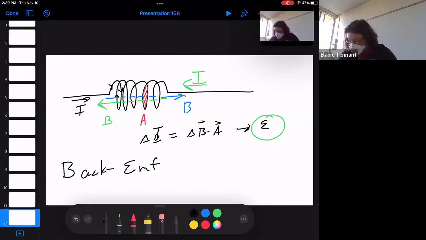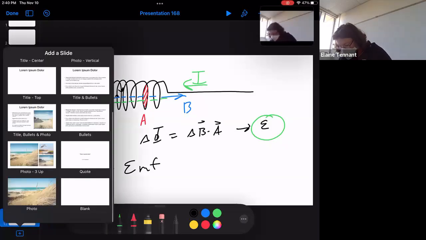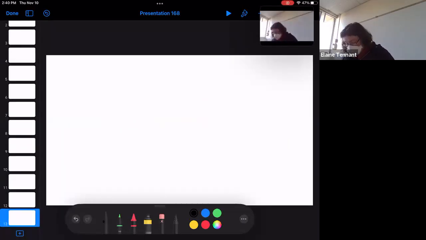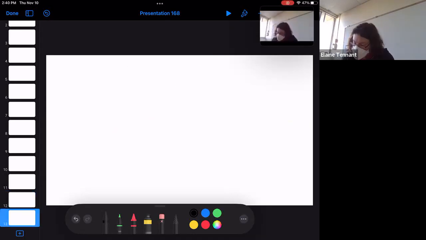So we are going to define what we want this inductance to be, where the inductance will talk about how this current can be made with respect to just the physical properties of my wire. And the way we're going to say it is this.